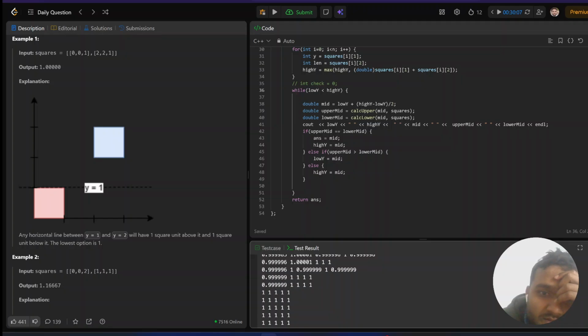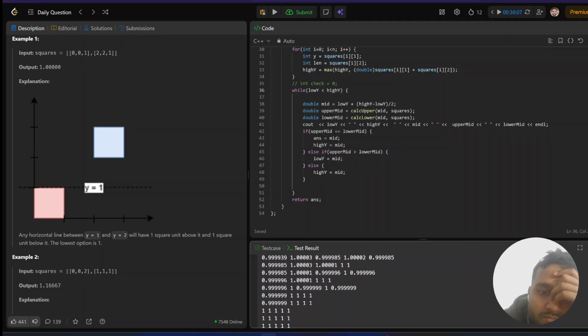Area becomes 1, 1, areas become equal, high becomes mid. Again, low plus high by 2.